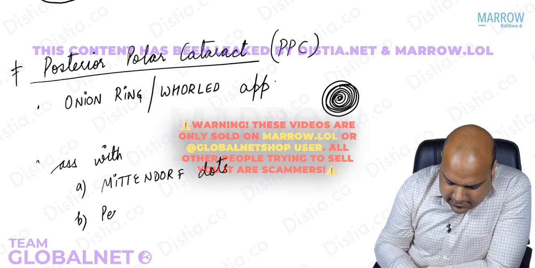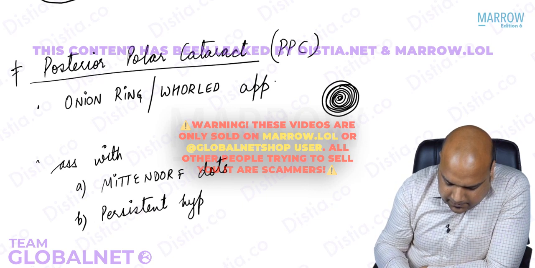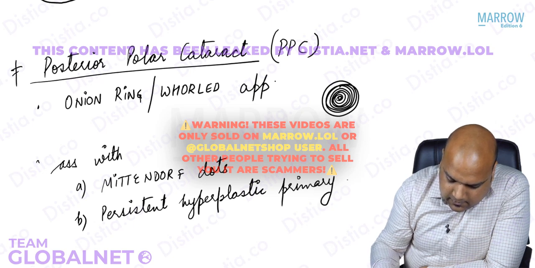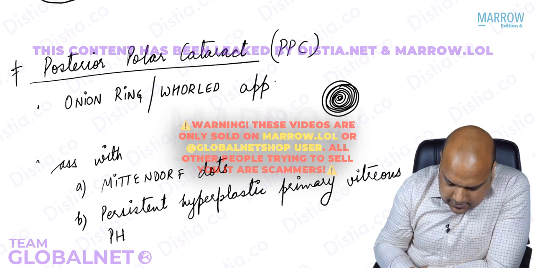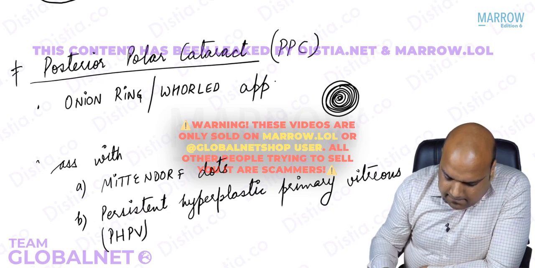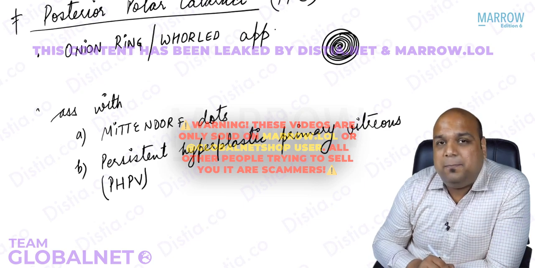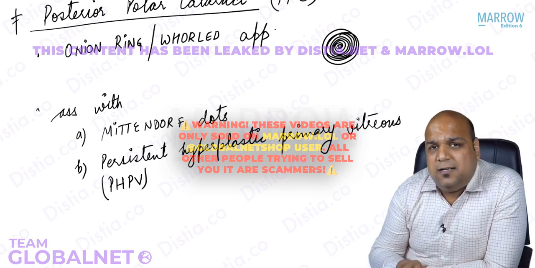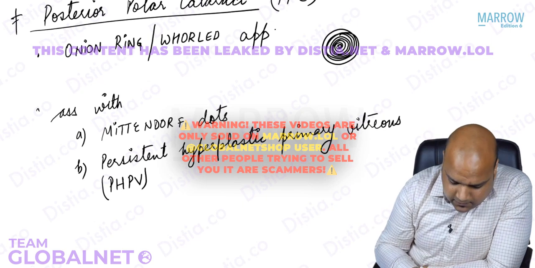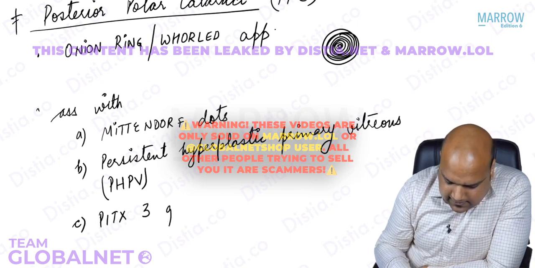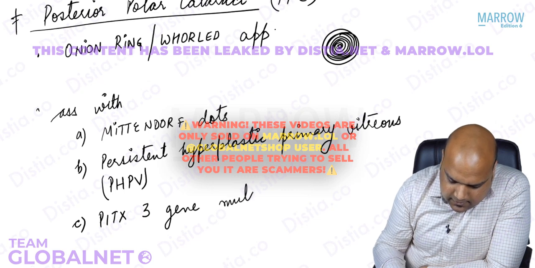Secondly, persistent hyperplastic primary vitreous, PHPV, persistent hyperplastic primary vitreous. This is a condition which we have discussed in the retina video. And lastly, it is associated with PITX3 gene mutation.